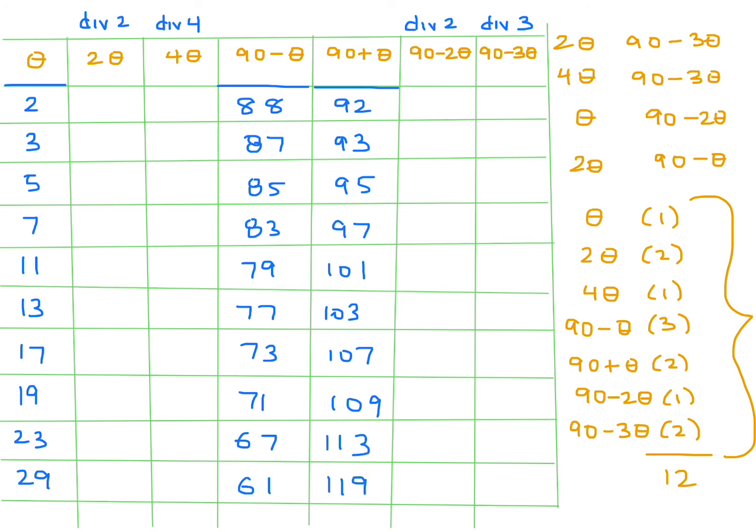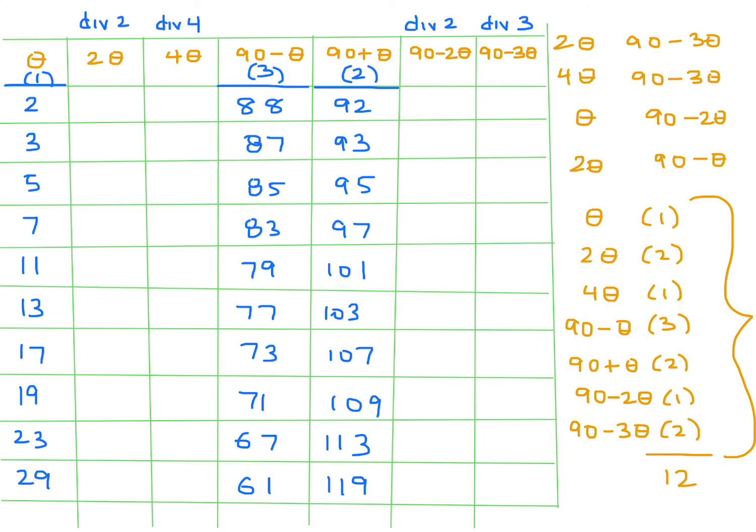Now we want a situation where we have at least 6 primes. Okay, well, there's only one of these guys. 90 minus theta, there's 3 of those. And 90 plus theta, there's 2 of those. So if we have prime, prime, and prime, we'd have 6, because it'd be 1, 3, and 2.